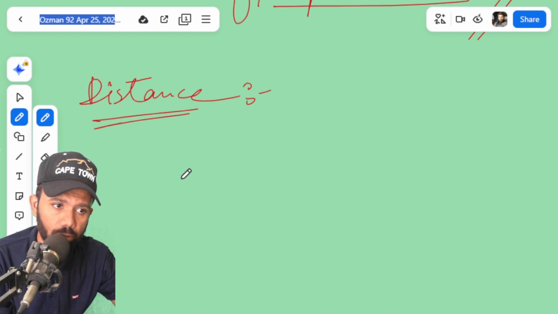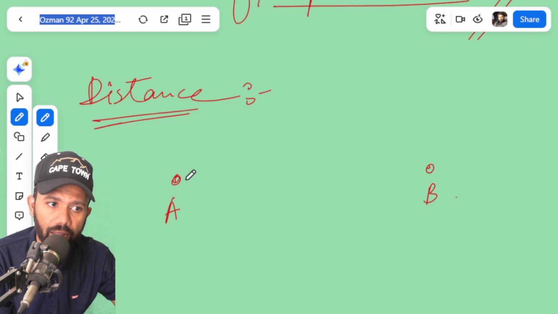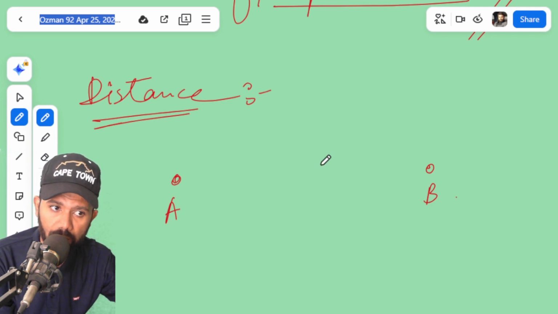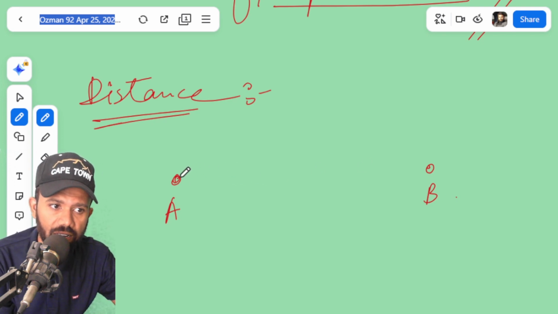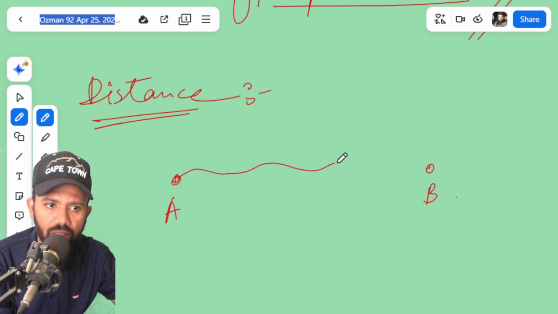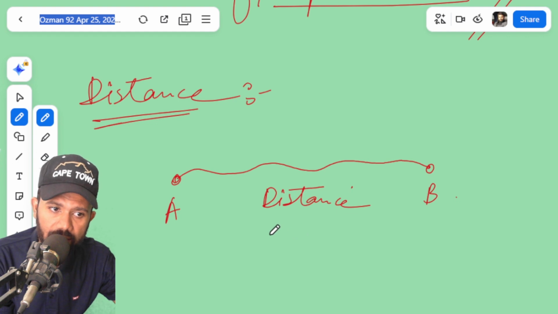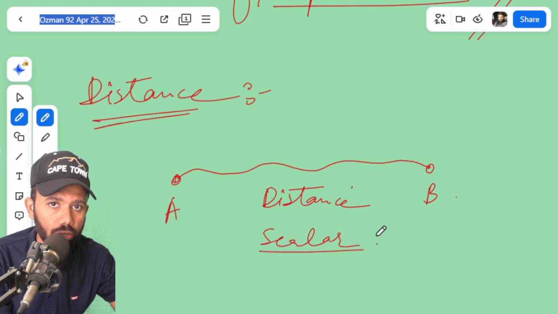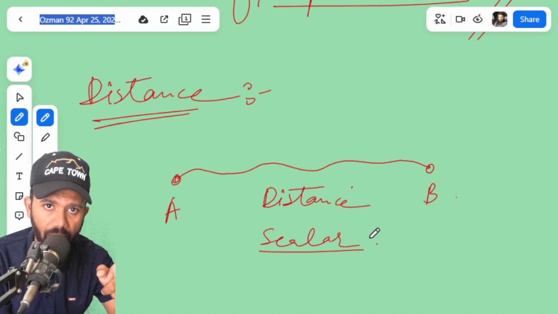We have 2 points again, A and B, and you want to go to point B from A. Definitely the path or the length you cover to go from point A to point B is called distance. And it is a scalar quantity because you do not go in a unidirectional path, right?